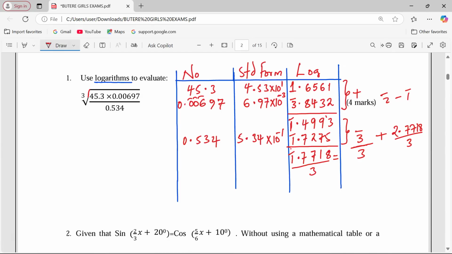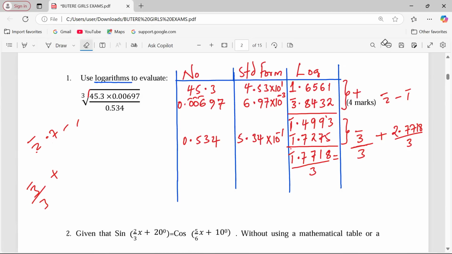Remember, if it was bar 2.7718 to divide by 3, we would have subtracted 1 to make -2 divisible by 3, and the mantissa part should have been 1.7718, also over 3. So that is how we're supposed to work it out. Whatever we have subtracted from the characteristic to make it divisible by the power involved, we add it to the mantissa part.